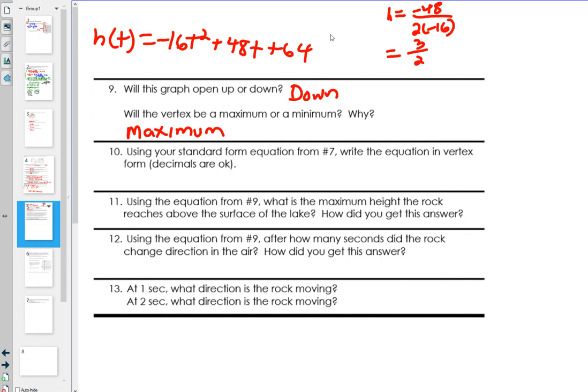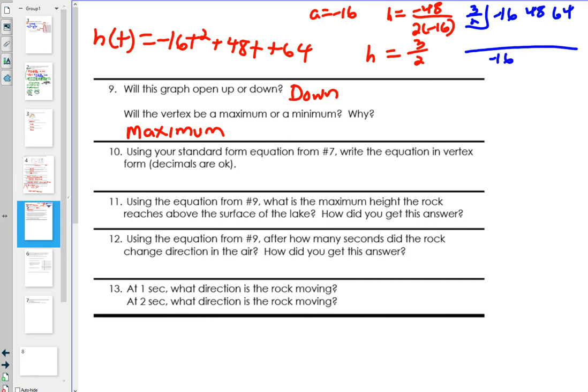I don't like to use decimals, so you can put 1.5 if you want. We already have A, which is negative 16, so now we just need K.